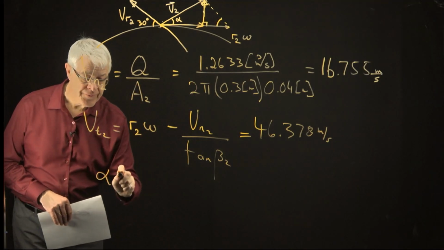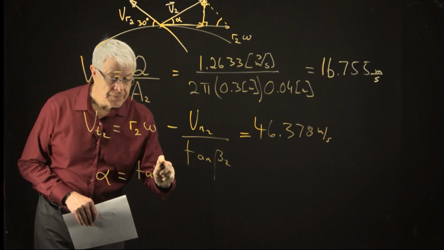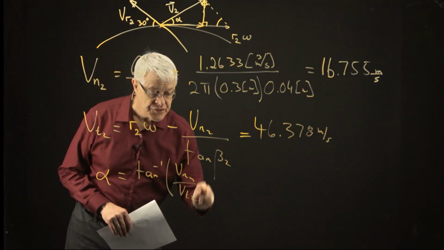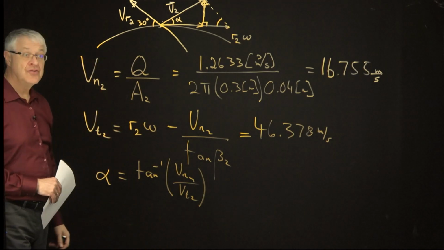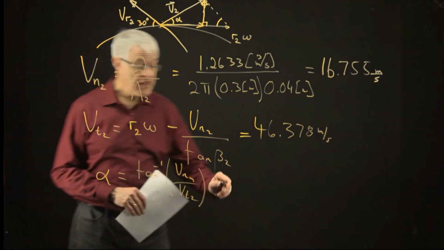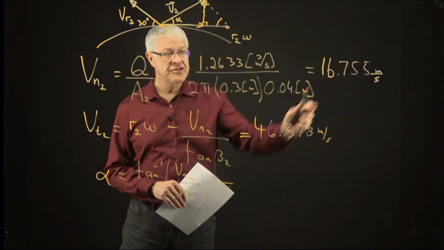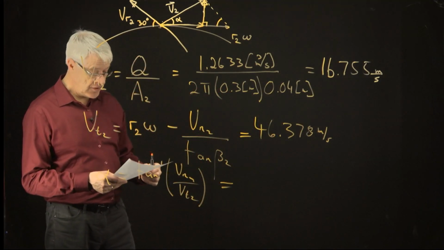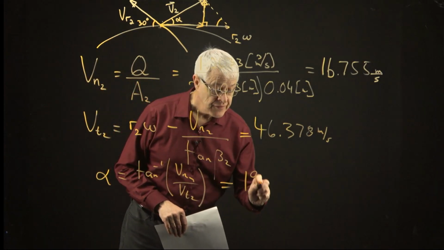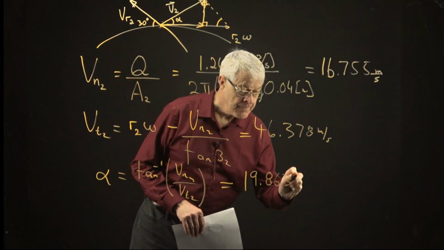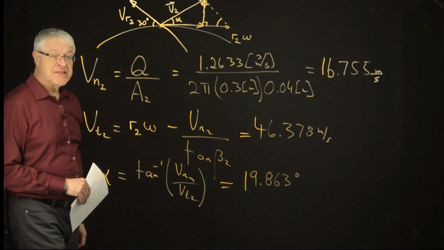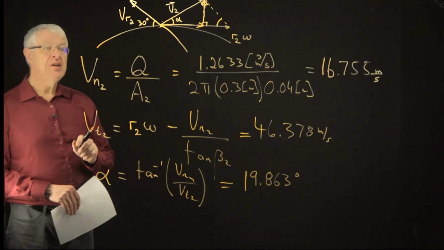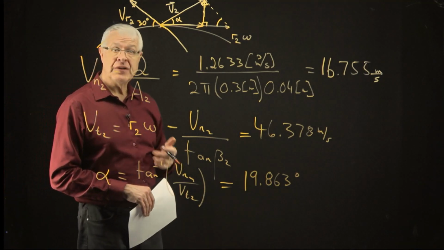So from those two, we can calculate alpha next. So alpha is going to be the arctan of Vn2 over Vt2, the arctangent of the two components that we just figured out. So we put those two things in there, 16.755 and 46.378, and we get an angle of 19.863 degrees. So the last thing we need to do is to take our two components, the normal and the tangential component, square them, add them up, and take the square root.